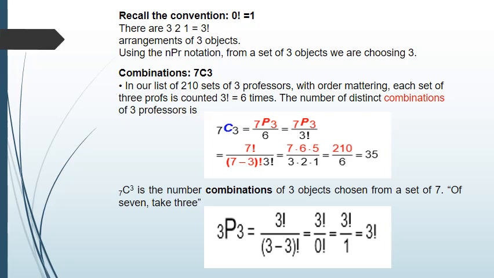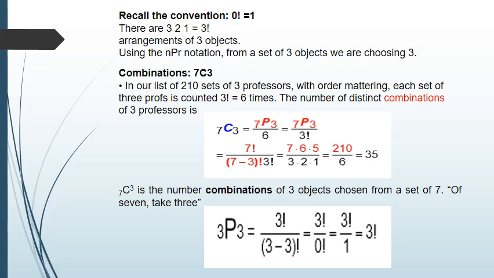The number of distinct combinations of 3 bands, 7C3, is equal to 7P3 over 3 factorial, which is equal to 7 factorial over 7 minus 3 factorial times 3 factorial, which is equal to 7 times 6 times 5 over 3 times 2 times 1, which is 210 over 6, which is equal to 35.